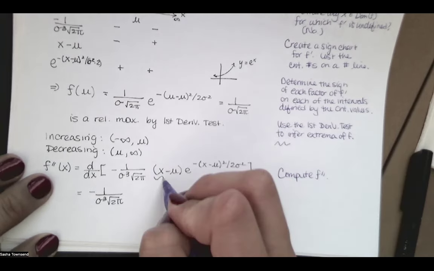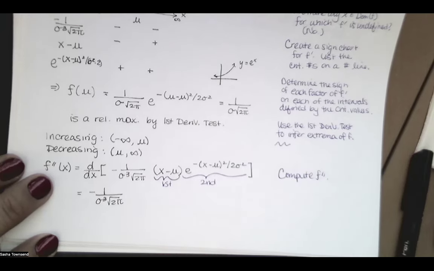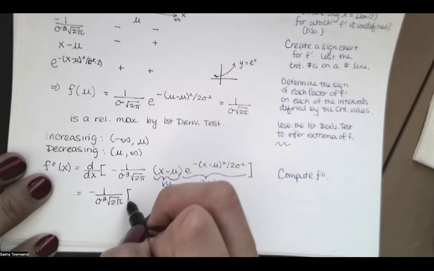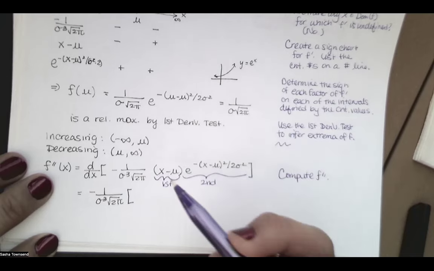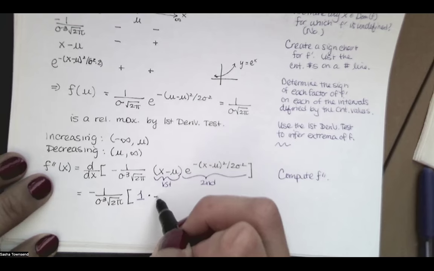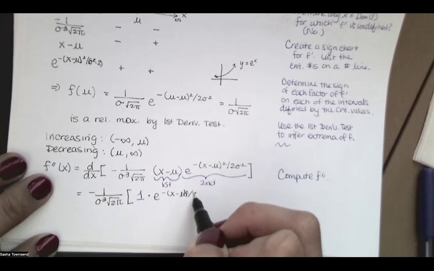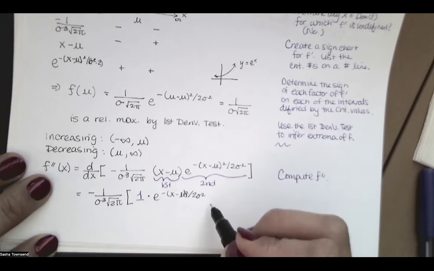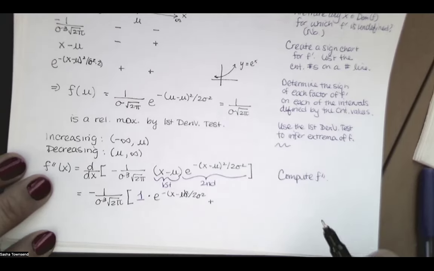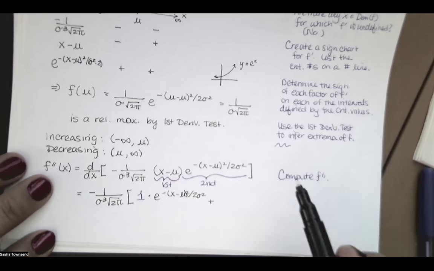So I'll use the product rule. Here's my first factor, and there's my second. So the derivative of a product is the derivative of the first, which in this case is 1, times the second. That's our exponential function. Plus the derivative of the second function, and the derivative of the second function we found earlier.